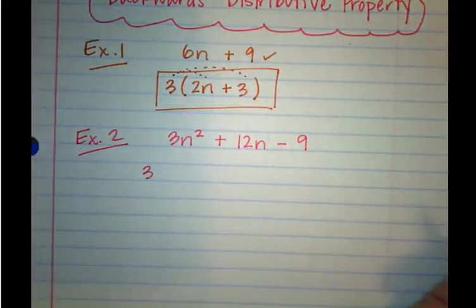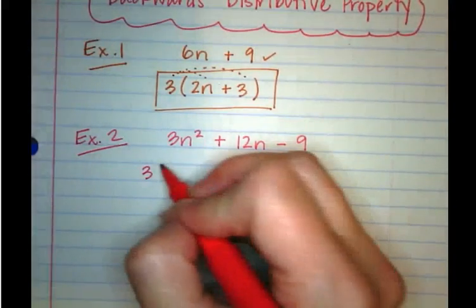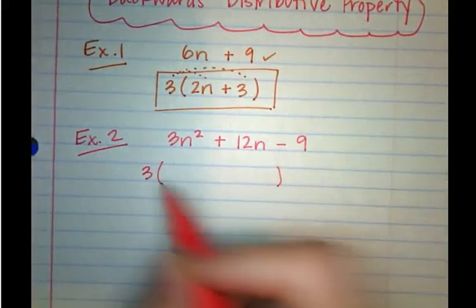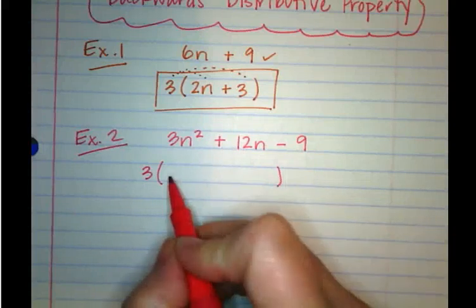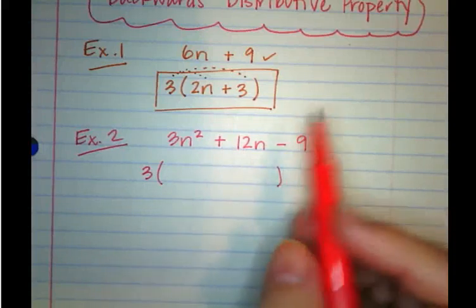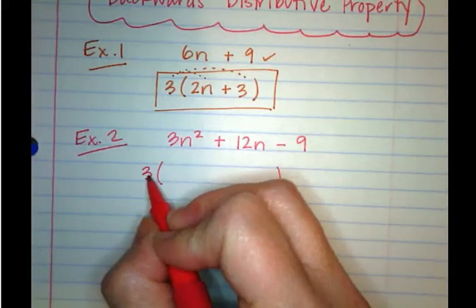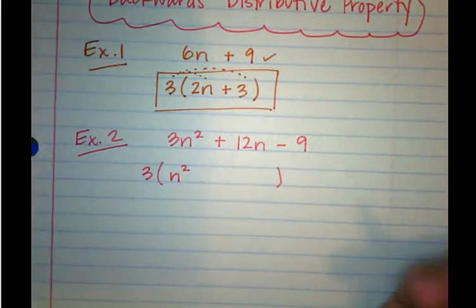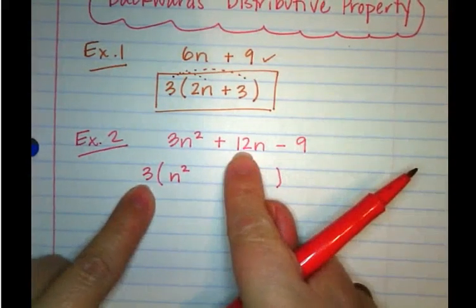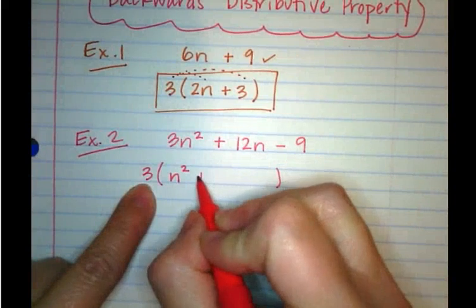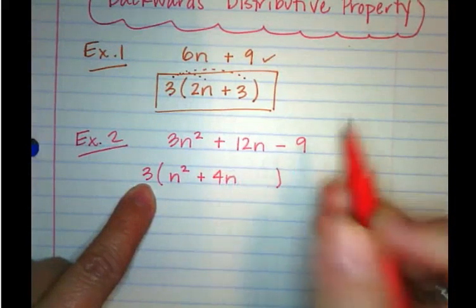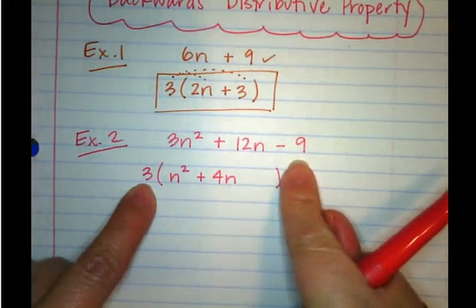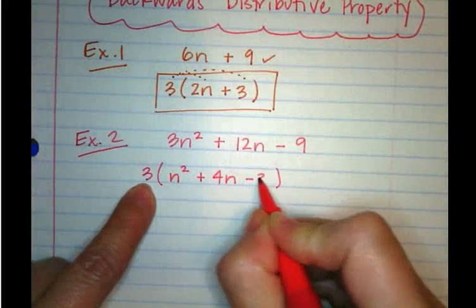And I see that I can divide all of those by 3. And if I divide everything by 3, I'm going to put the leftovers in here. So what I need in order to get 3n squared would be an n squared. What I would need in order to get a 12n would be a positive 4n. And what I would need to get a negative 9 would be a negative 3.